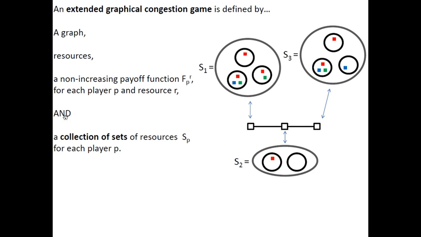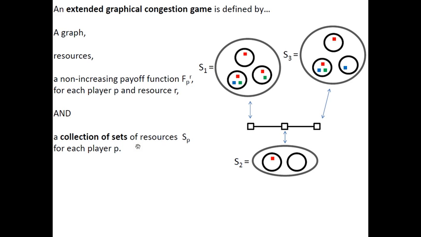So what's the collection of all different choices that they have? Well, that's actually a set of sets, if you like. So the collection of all sets of resources forms the strategy set of player P.